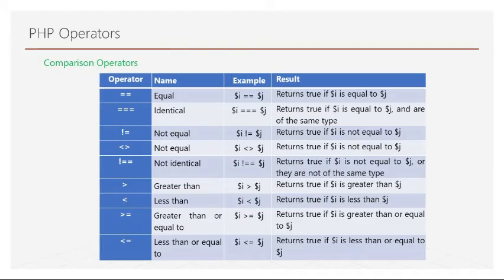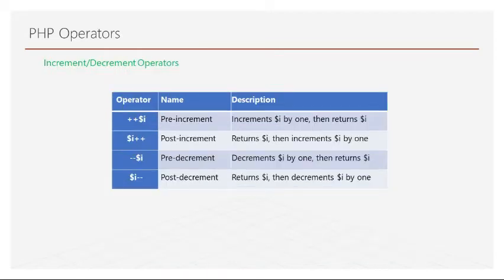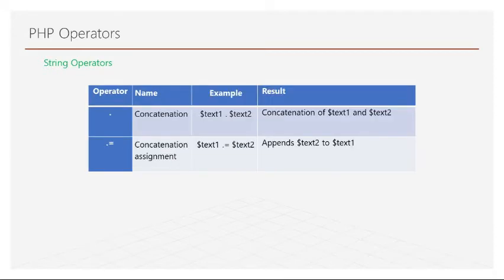The comparison operators in PHP are used to compare two numerical or string values. PHP increment/decrement operators. The increment operator in PHP is used to increment and the decrement operator to decrement the value of a variable. PHP string operators. PHP supports two operators that are designed especially for strings.